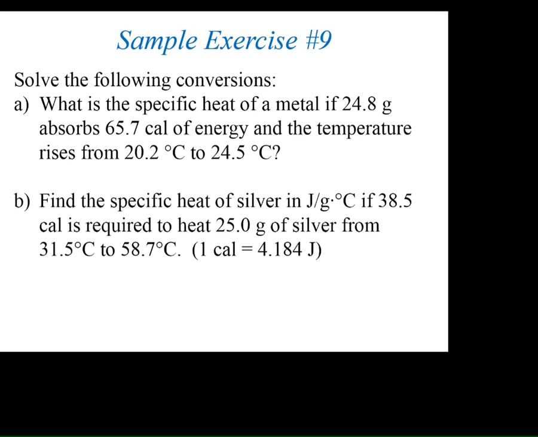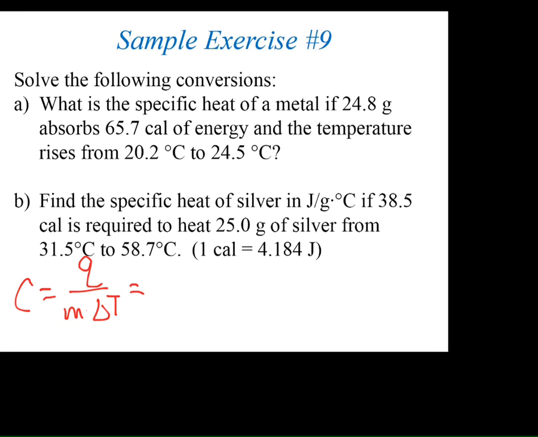So I didn't have any room to write on this, but I'll try and do it anyway. I'll do it here on the bottom, I guess. We're doing C equals Q over M delta T. So what is my Q? What's my heat?